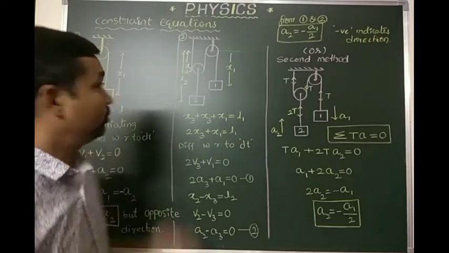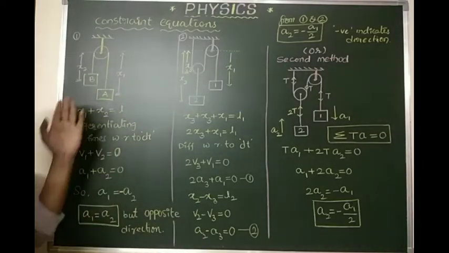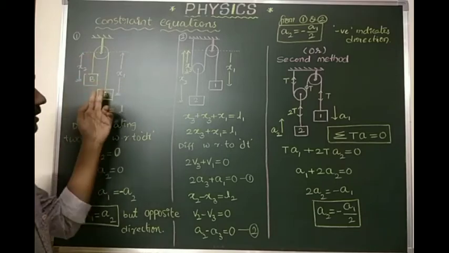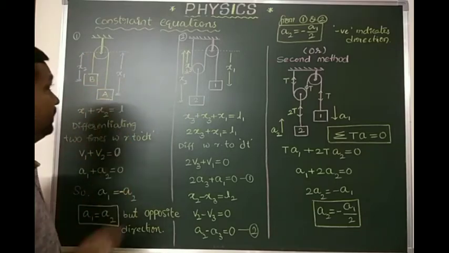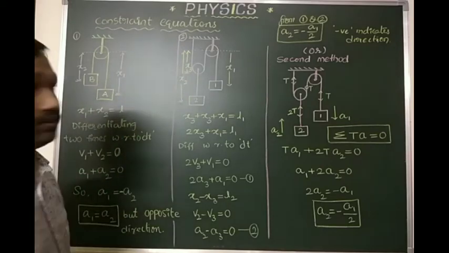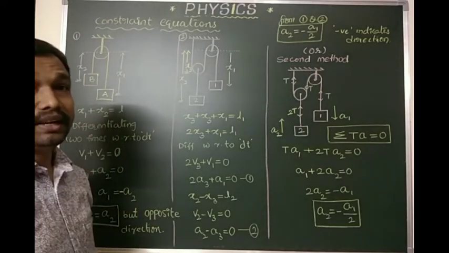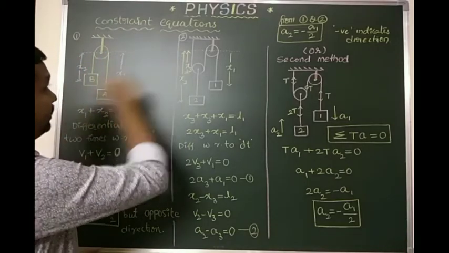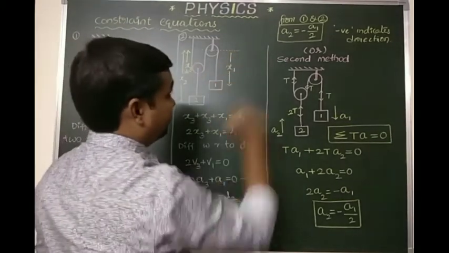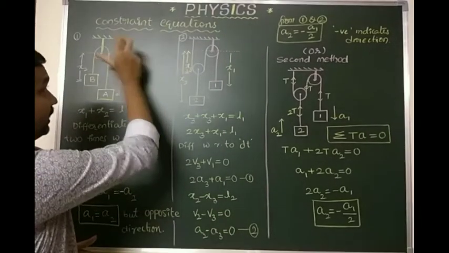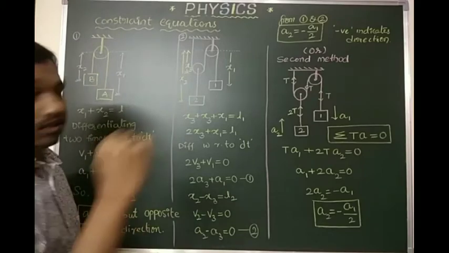Now coming to the first case. Here two blocks are connected with a string, only one string we are considering. To find the constraint equation, first we need to consider one reference line. Here this is the reference line we are considering. One reference line we need to consider at any place, which is constant.